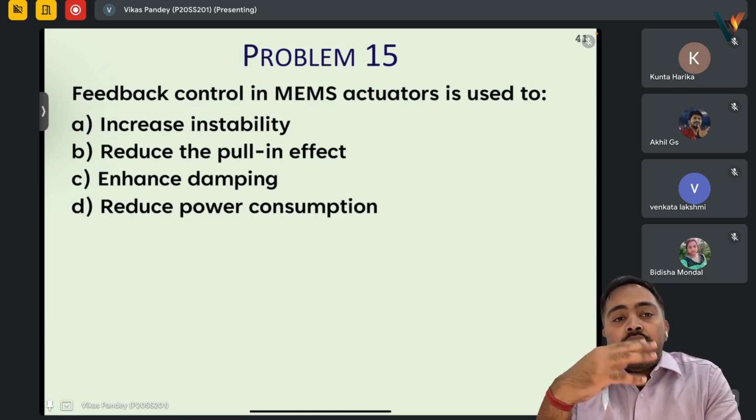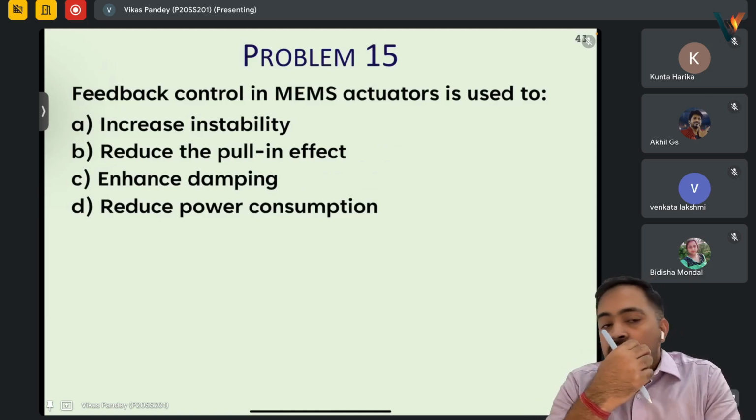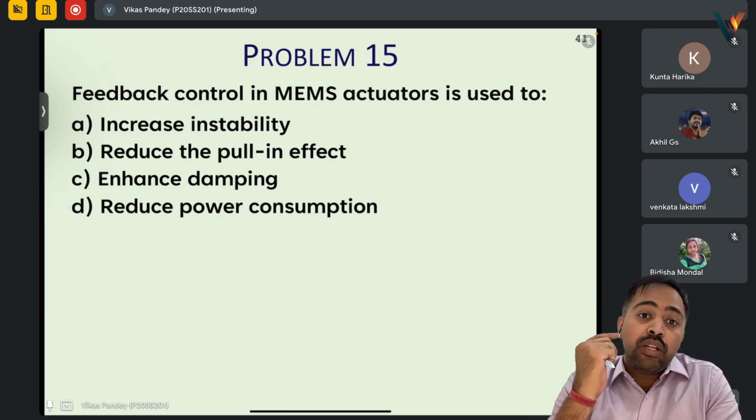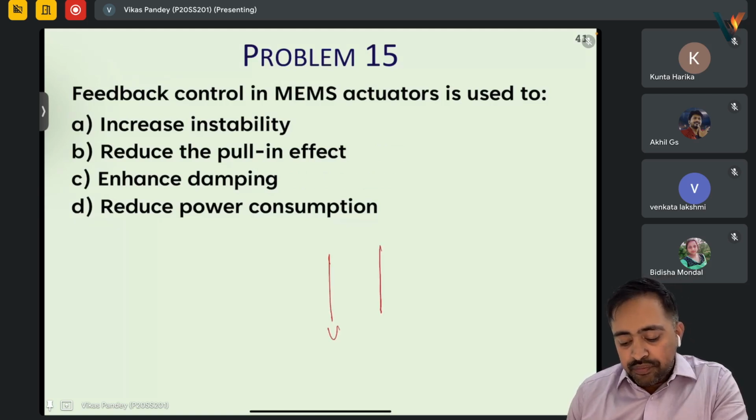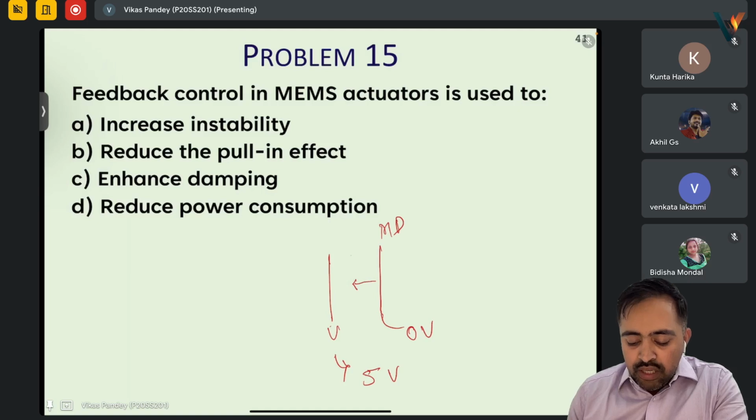And that is a feedback control. That means that will change the voltage that we were giving. I said no, that on the fixed plate V we are giving, and moving plate it is 0 volt. Suppose that we wanted that giving V equals to 5 volt to make it move till here, but when we gave 5 volt, actually it moved till here only.